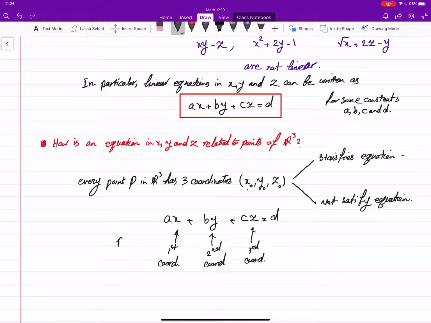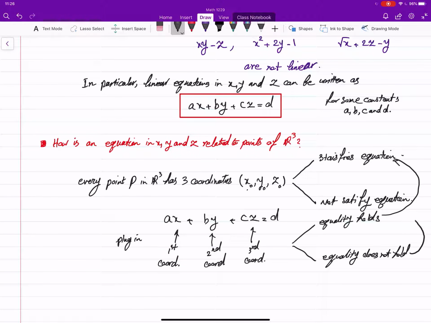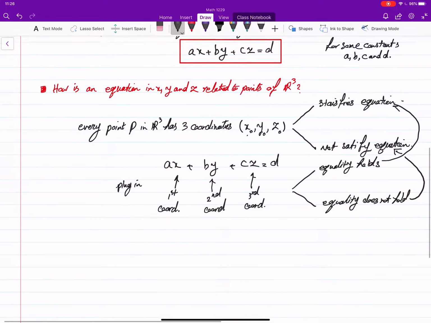If the equality holds, then we say the point satisfies the equation. If the equality does not hold, we say the point does not satisfy the equation.